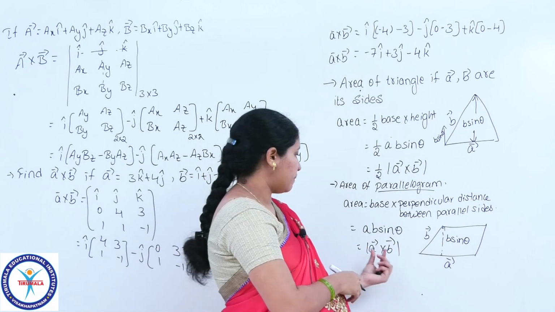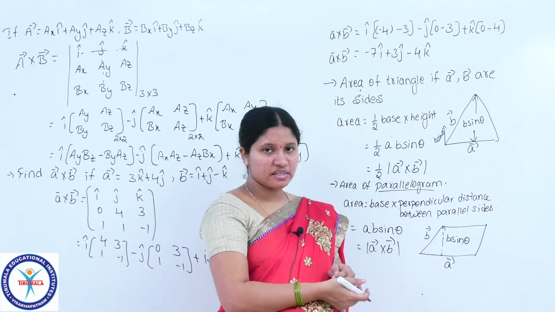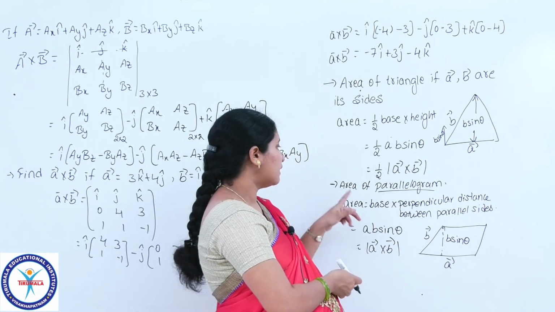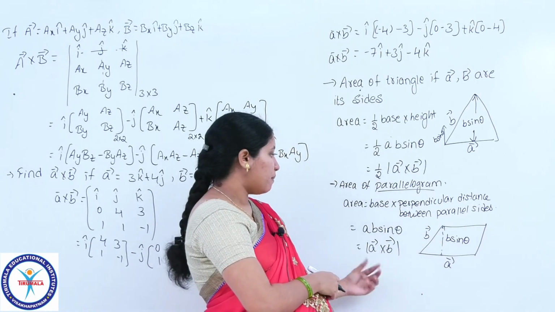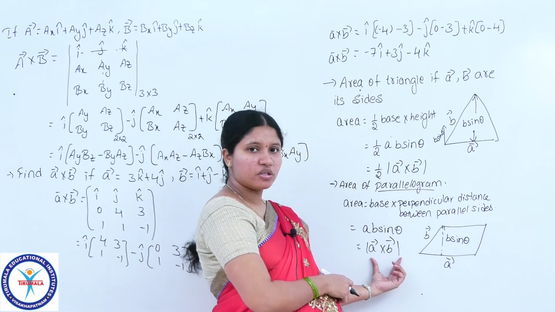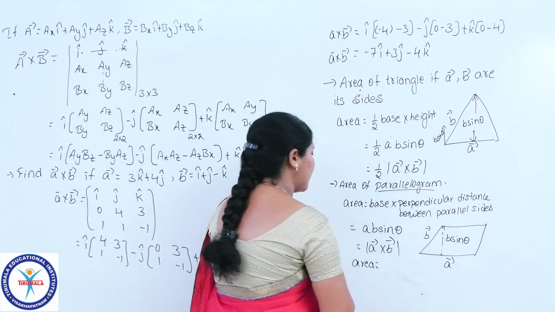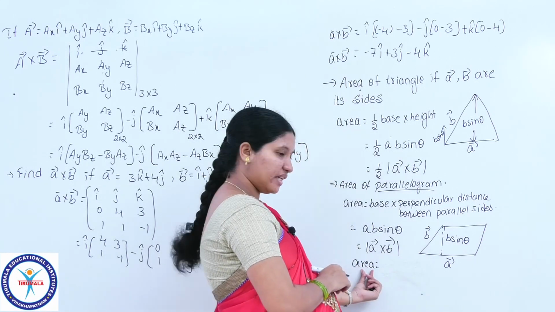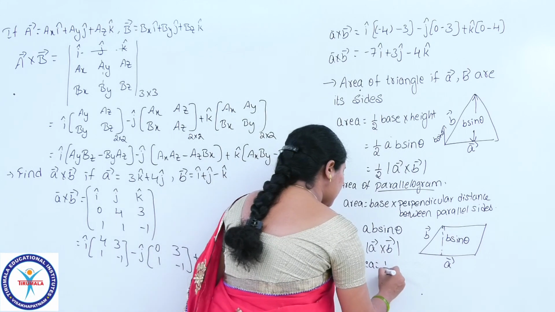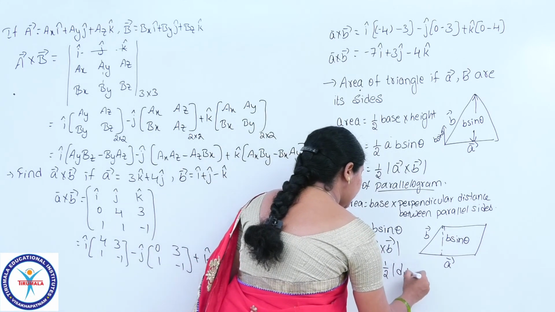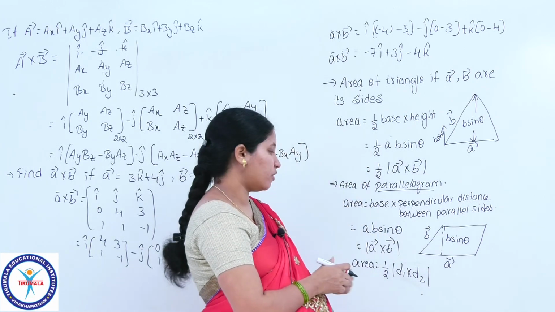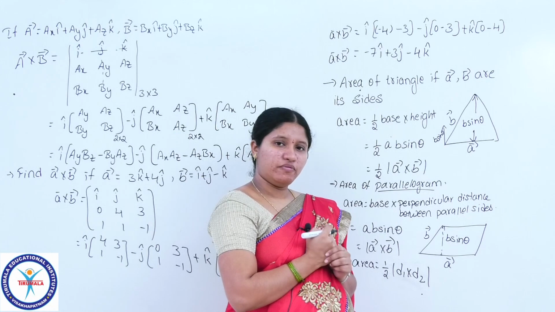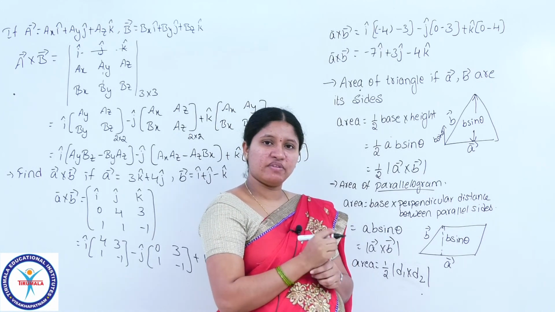So, if a bar and b bar are two adjacent sides of a parallelogram, then the area of the parallelogram can be found out by using the magnitude of a bar cross b bar. If d1, d2 are diagonals of a parallelogram, we can write the area of the parallelogram as half d1 cross d2. So, in this way also we can find out the area of a parallelogram if we know the two diagonals d1 and d2.